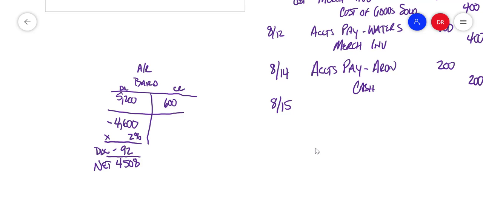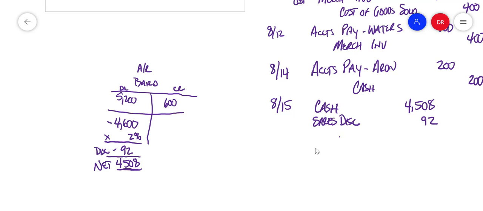So once we do that, we come over here to the journal entry and we record a debit to cash because they're paying us cash. And we're going to record this cash amount that we received right here, which is $4,508. And then we're going to have a debit to the sales discount, which is $92.